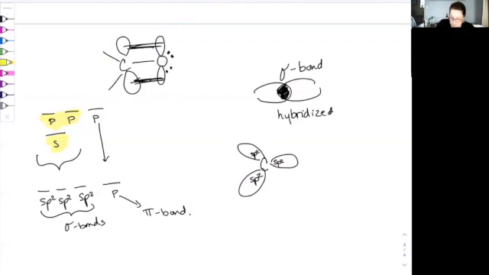I'm going to color those yellow here. It uses those hybridized orbitals to make sigma bonds. The oxygen that it's attached to is also sp2 hybridized, so it's going to make a sigma bond using one of its sp2 hybridized orbitals. And the other two have lone pairs in them.